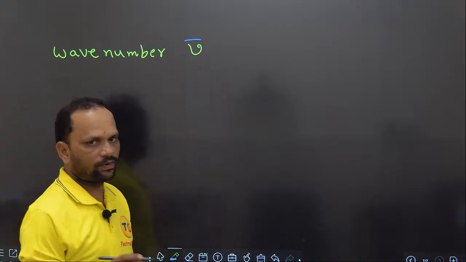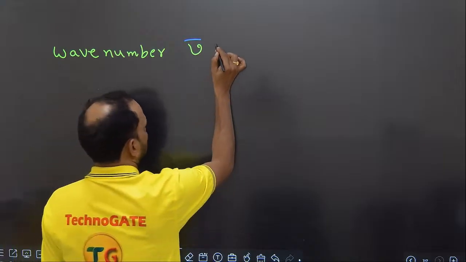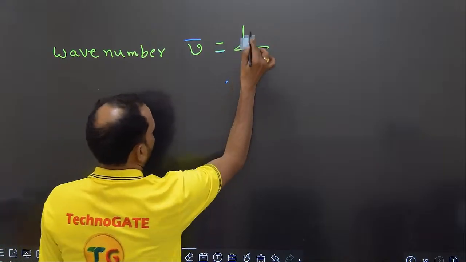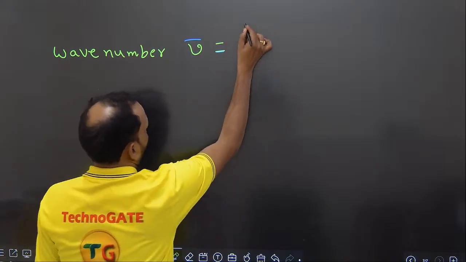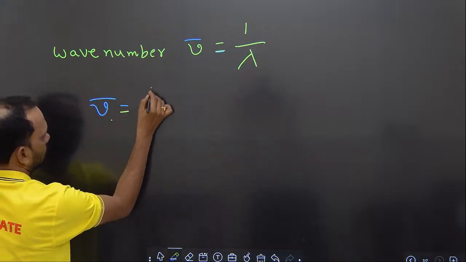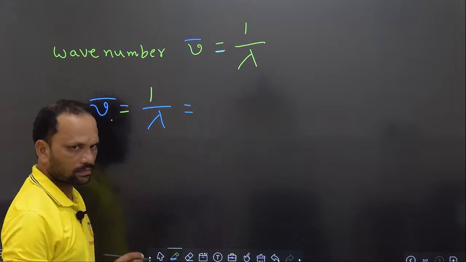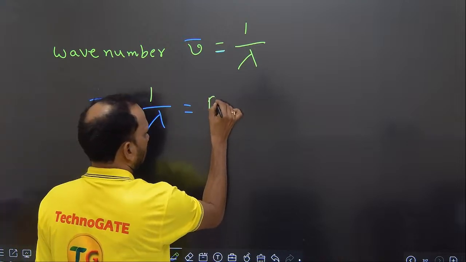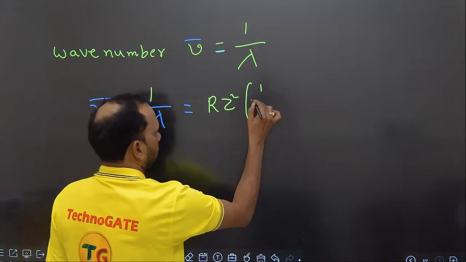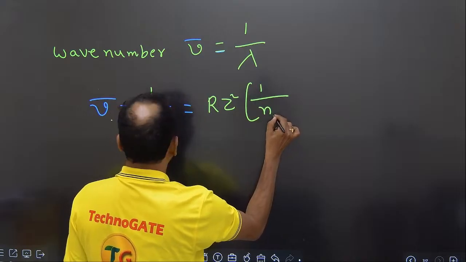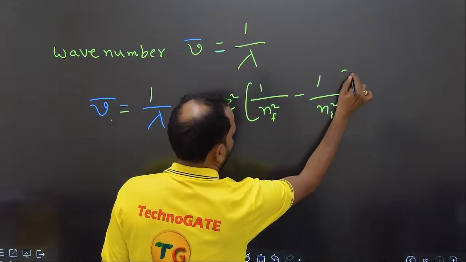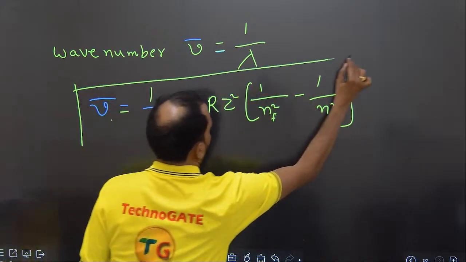Wave number is v bar, that is equal to 1 by lambda. v bar is equal to 1 by lambda is equal to R Z square. This is the formula, R Z square into 1 by n final square minus 1 by n initial square. This is one of the formulas.